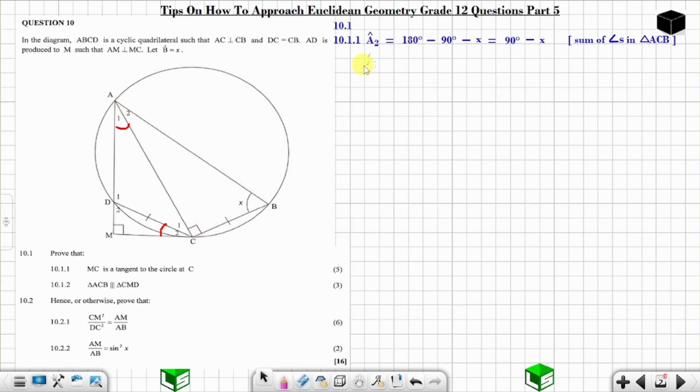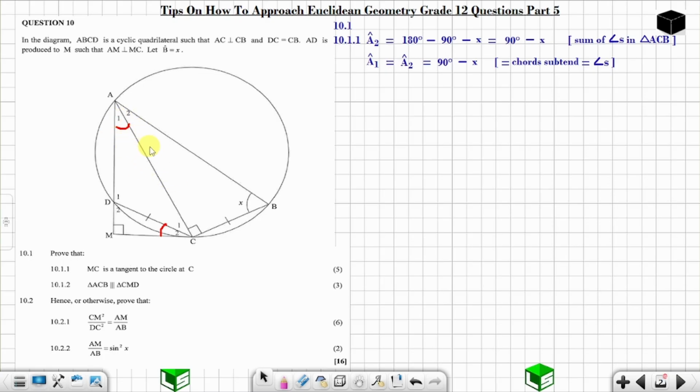So angle A1 is equal to angle A2. So angle A1 is equal to 90 degrees minus x. The reason is equal chords subtend equal angles. Always write the reason. DC is equal to CB. So these chords subtend equal angles.